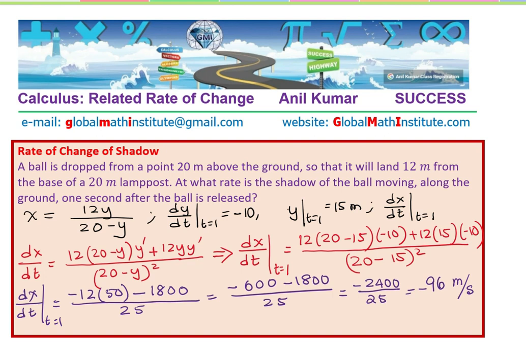Finally, we can say that 1 second after, the rate of change is minus 96 meters per second. So it is decreasing. When it hits the ground, the shadow will be 0, correct? So that is how we can actually answer such questions. I hope it makes sense.